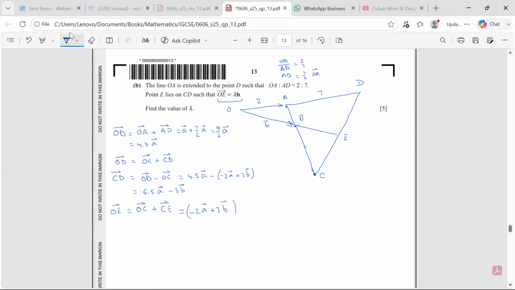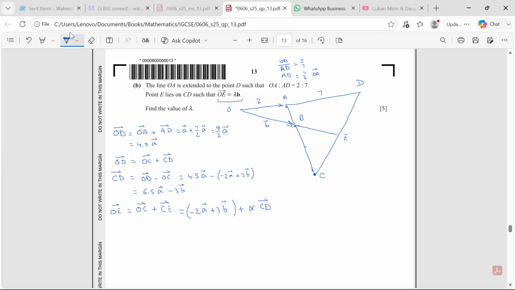Now C to E is some constant times CD, because a fraction of CD is CE, and I'm assuming that fraction, which I don't know, is alpha.